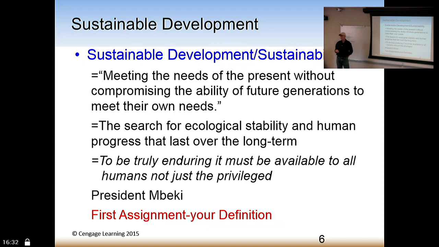So basically, the basic idea behind sustainability, and this is the main definition, which is this first one, is meeting the needs of the present without compromising the ability of future generations to meet their own needs. Okay? And I think we all have a sense, no matter how much you've thought about this, that we haven't been doing this, and for different reasons.